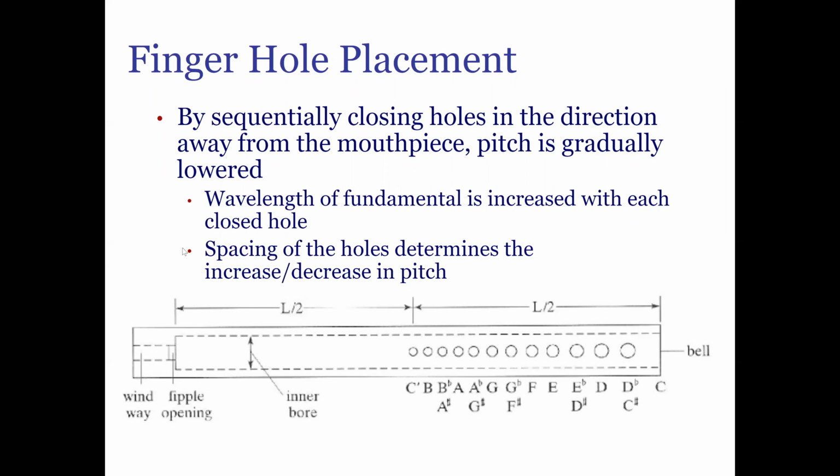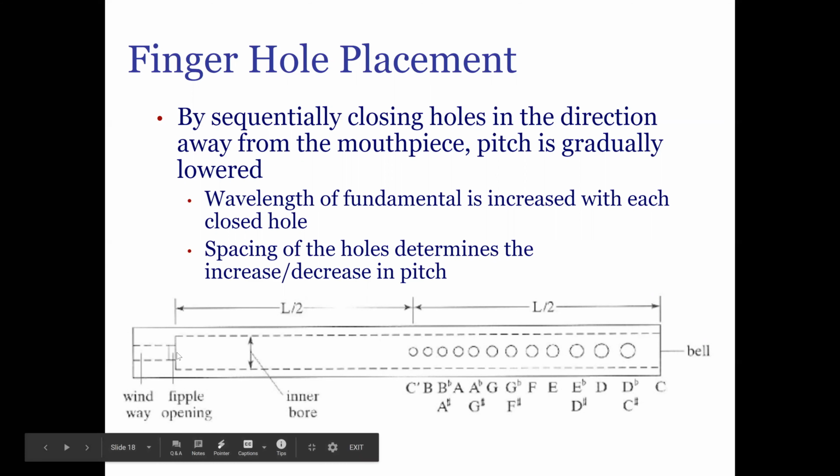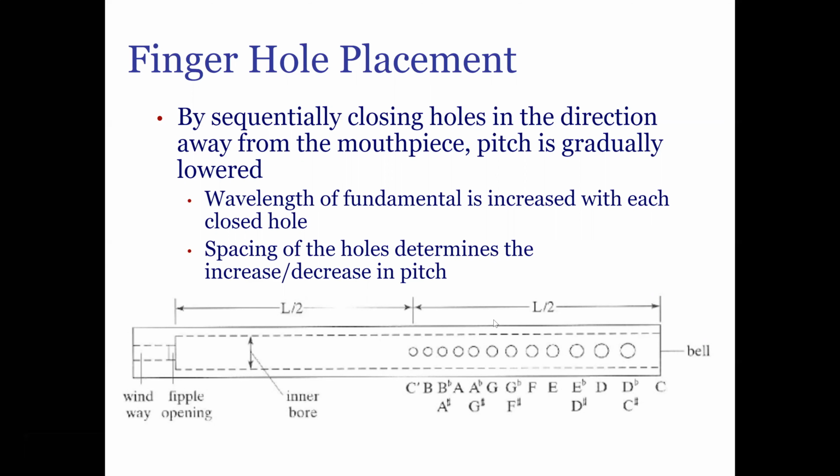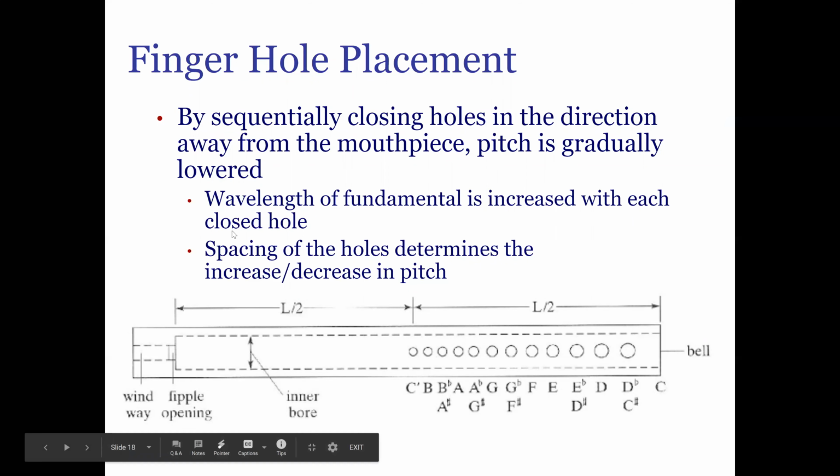So this one is showing kind of a simplistic construction for a recorder. We have a recorder with a total length of L. Here's your mouthpiece where you blow in. Here's the knife edge. Here's the inner bore of the instrument.